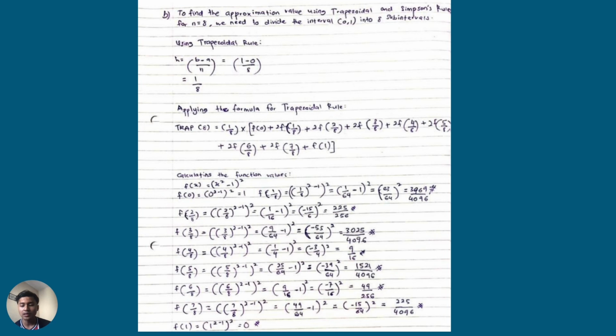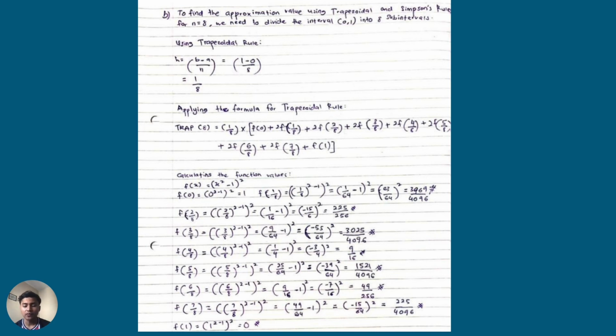Then we do it from 1 until 8 subintervals. First is f(0) equal (0^2 - 1)^2 and equal 1.